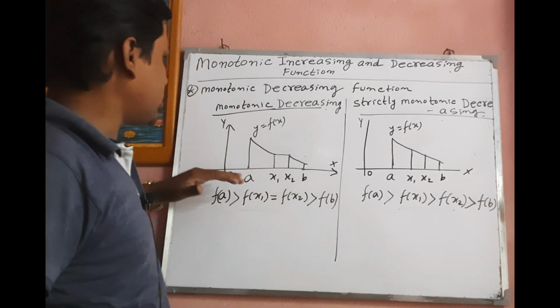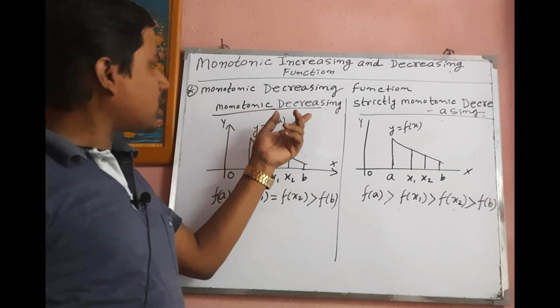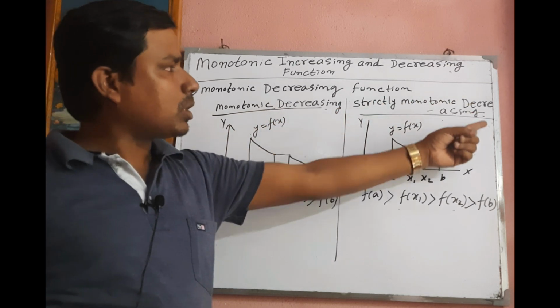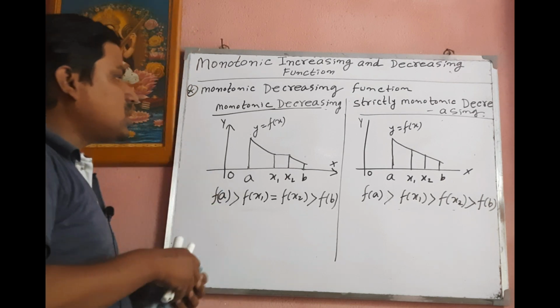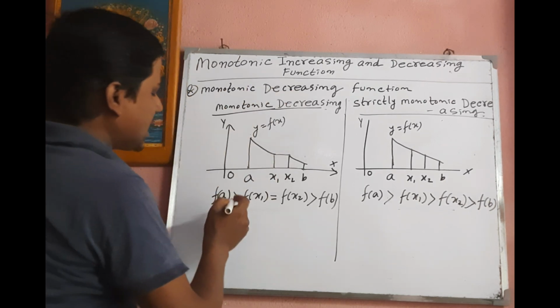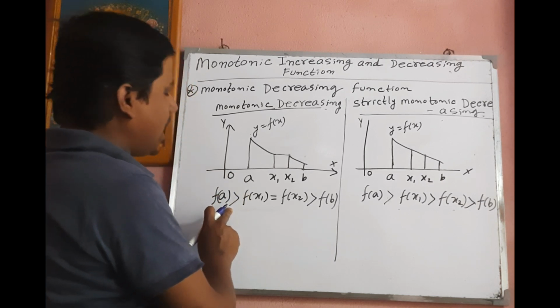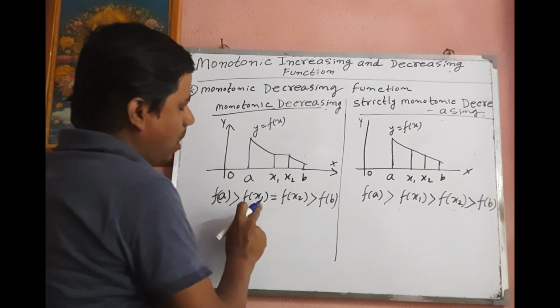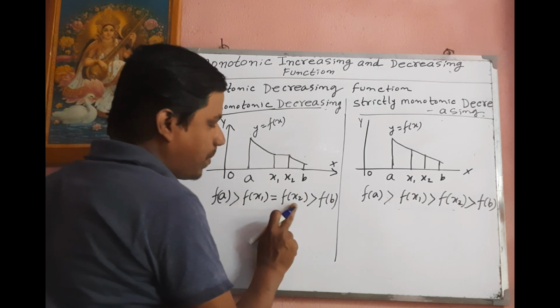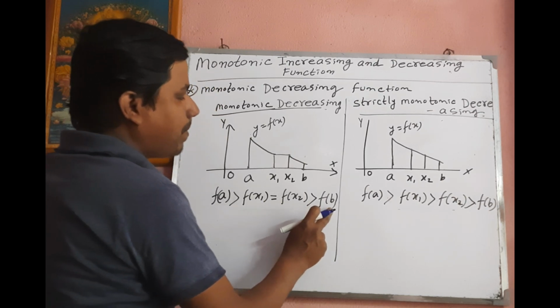In that section we can see one function is monotonic decreasing and another function is strictly monotonic decreasing. In monotonic decreasing functions, f of a is greater than f of x1, which is equal to f of x2, and greater than f of b.